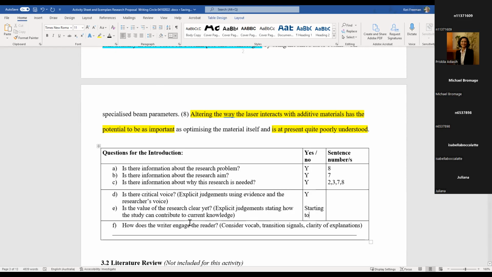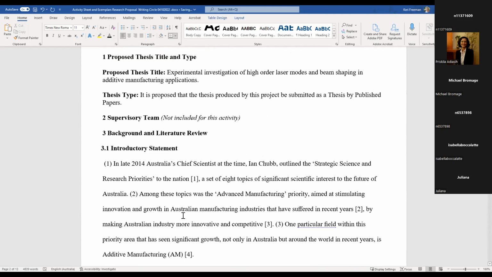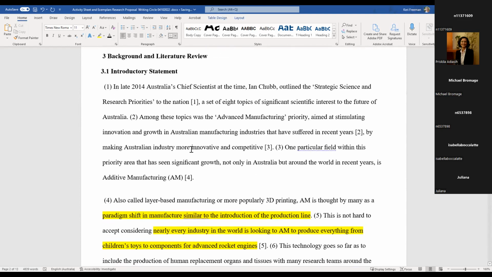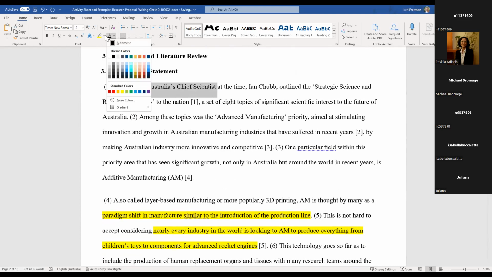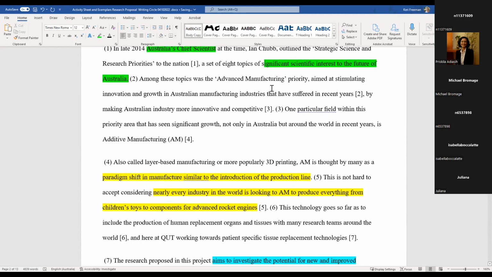How does the writer engage the reader? Let's just see if we can find any of that punchy vocab. I mean, Australia's chief scientist, he sounds pretty important, doesn't he? Significant scientific interest to the future of Australia. That seems pretty strong to me. They've been suffering.